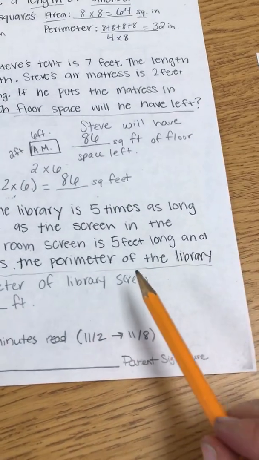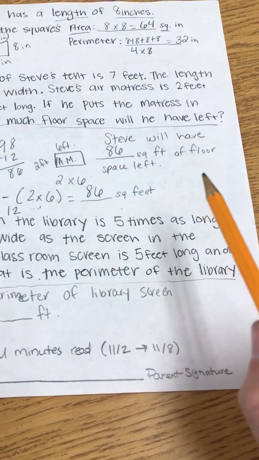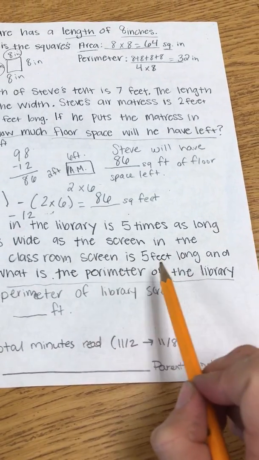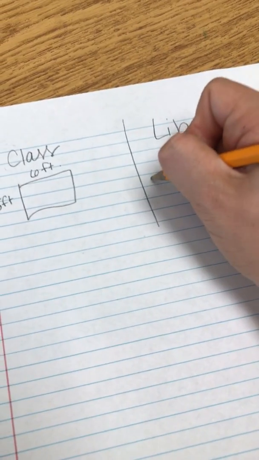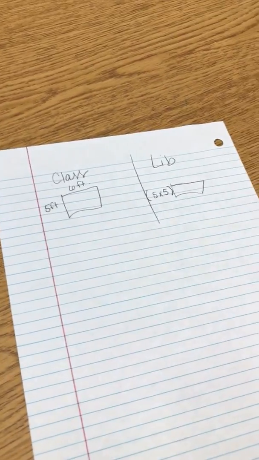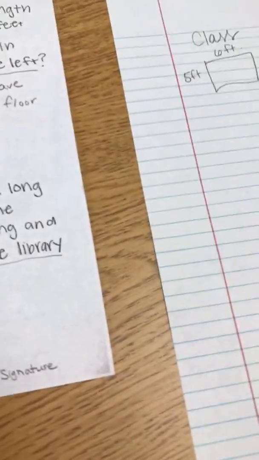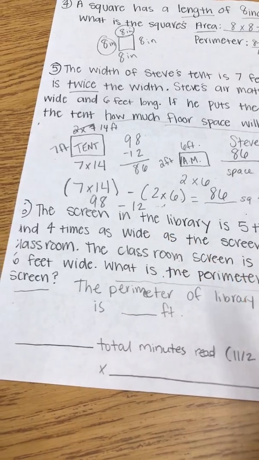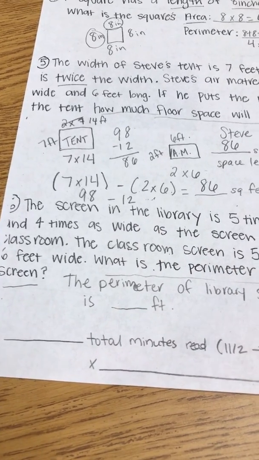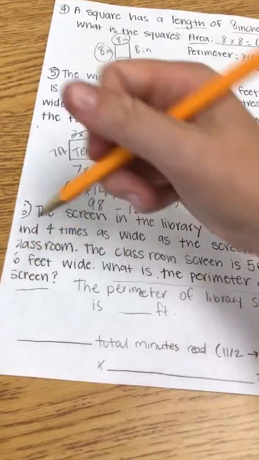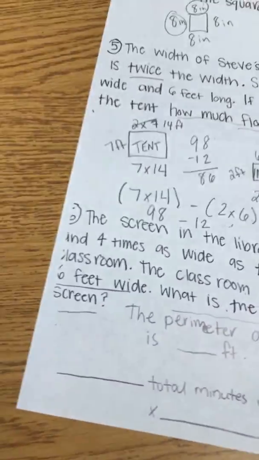It says the screen in the library is 5 times as long. So the classroom screen was 5 feet long. So I have 5 times that 5 feet would be my library screen. And then the screen in the library is 4 times as wide as the screen in the classroom. Well, I know that the classroom screen was 6 feet wide.